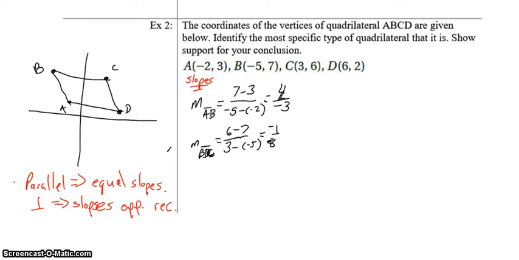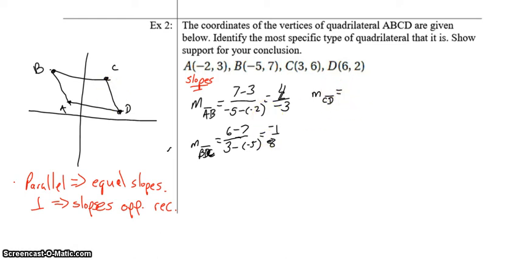Now, I could just keep going down the list there, but I'm going to put the next one over here, the slope of CD, because notice AB over here and CD over here are opposites. So I'm going to line up the opposites next to each other.